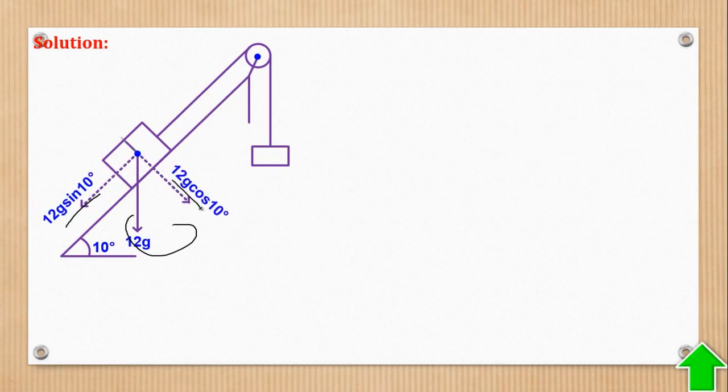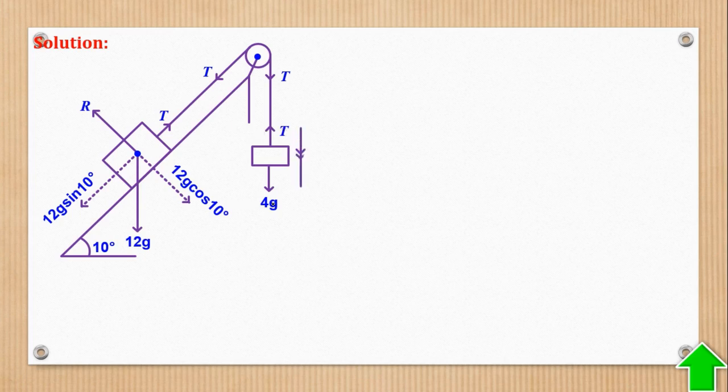Then the normal reaction is capital R. Then the tension arrows must face each other. Here the weight will be that, and the tension arrows must face each other. The plane is smooth, so there is no friction.